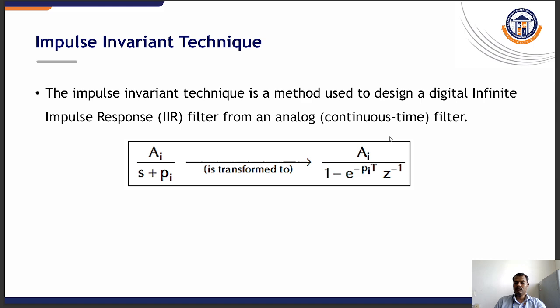In order to avoid this, we use pre-warping. Before designing the analog filter, the desired digital cutoff frequencies are pre-warped using the inverse relationship to determine the required analog cutoff frequencies. This ensures that the critical frequencies, like the cutoff frequency, in the final digital filter are precisely where they were intended to be.